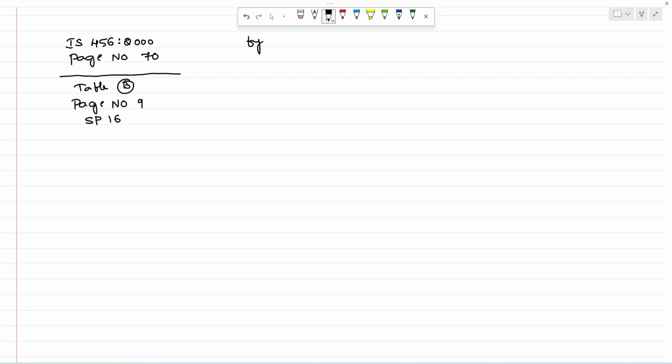For various grades of steel, you have Xu max divided by d values. So for 250 grade, it is 0.53.